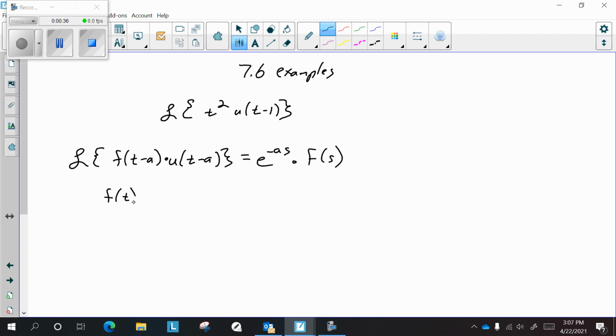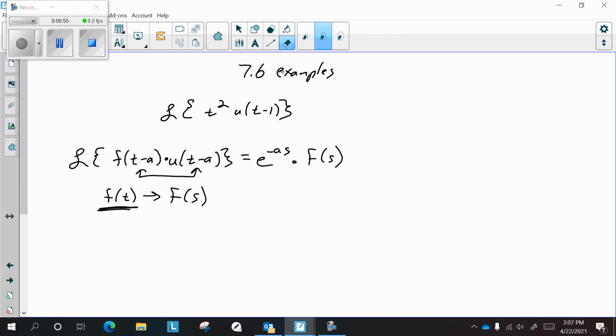So remember, f of t, when we do the Laplace, transforms into big F of s. So as long as these horizontal translations are the same, then we just take whatever our function f is, we transform it, and we multiply it times e to the negative as.